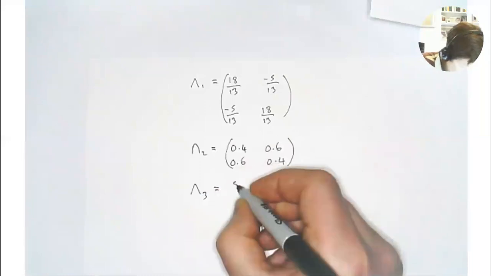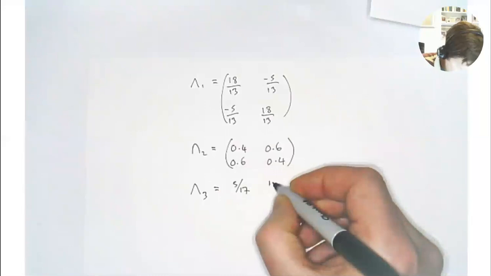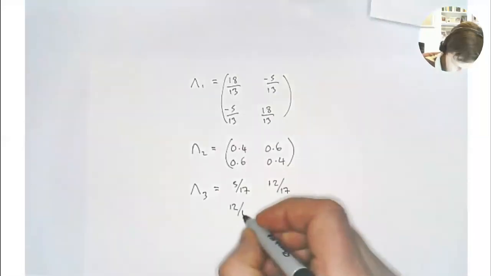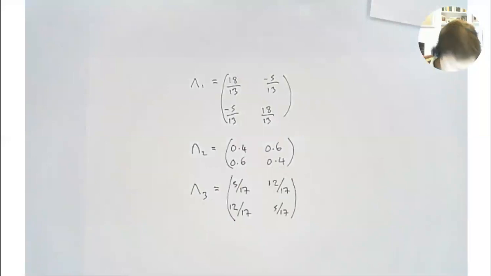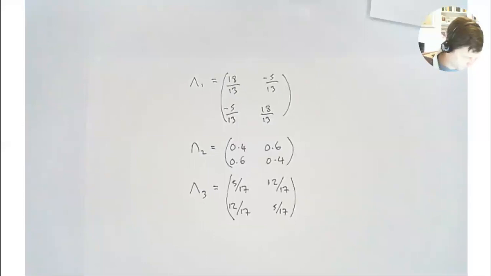And the third one gives us 5 over 17. And from that, you would then pick the best ones for your control loops.